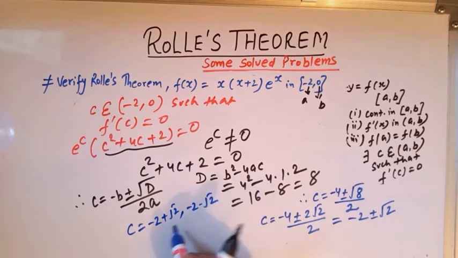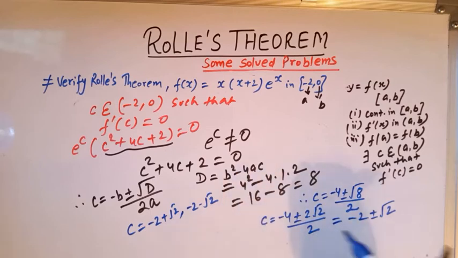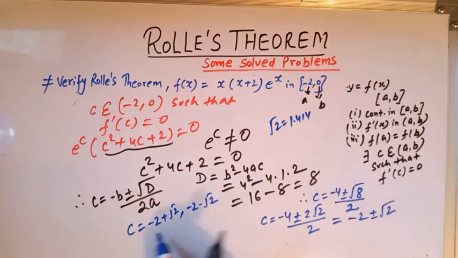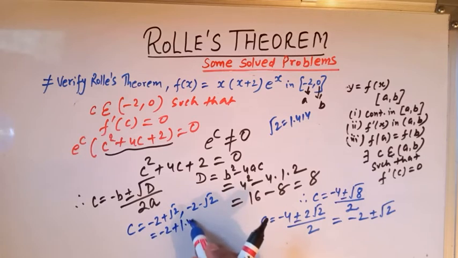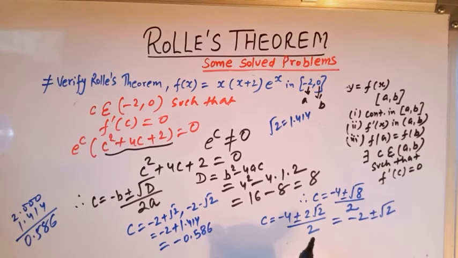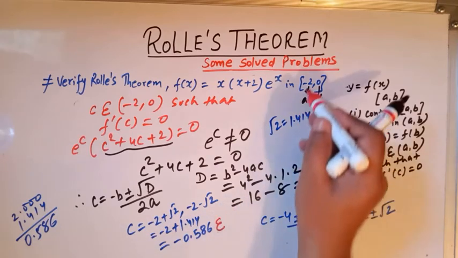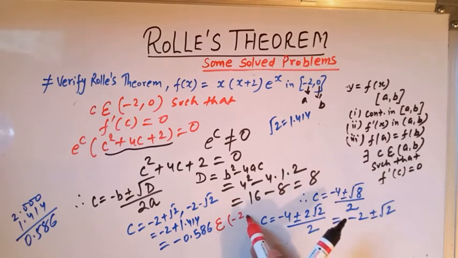So here we see that if we substitute the approximate value of square root of 2, which is 1.414, and if we take minus 2 plus root 2, we have minus 2 plus 1.414, which is equal to minus 0.586, and which obviously belongs to this interval minus 2 comma 0.